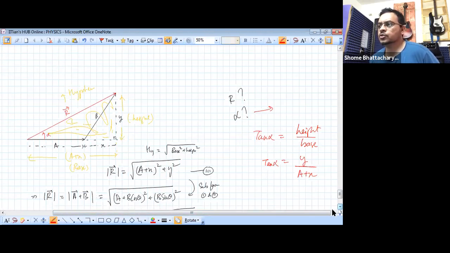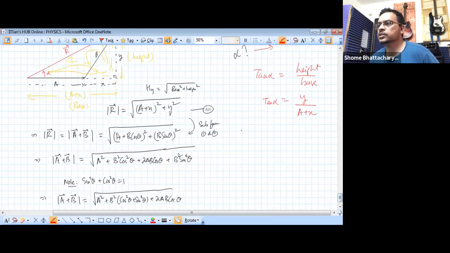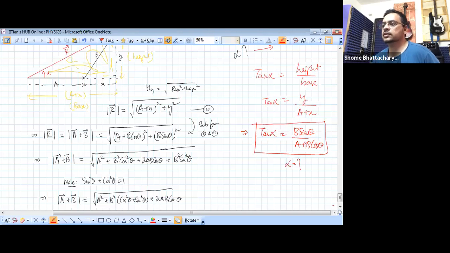Alright. So y is how much? It is b sine theta, and x is how much? It is b cos theta. So we have the formula that tan alpha is equal to b sine theta upon a plus b cos theta. So this becomes the formula for finding the angle alpha. From here alpha comes, okay?